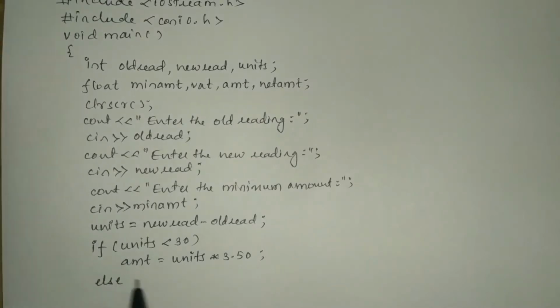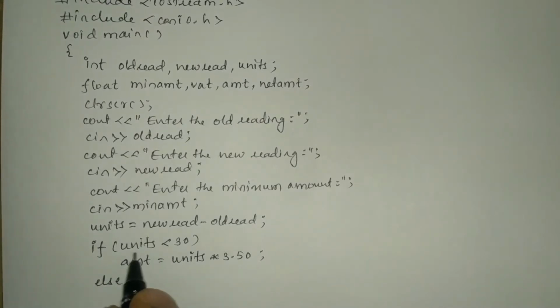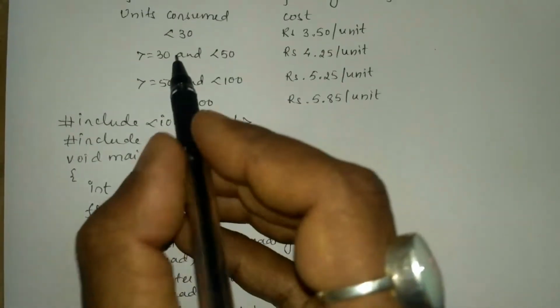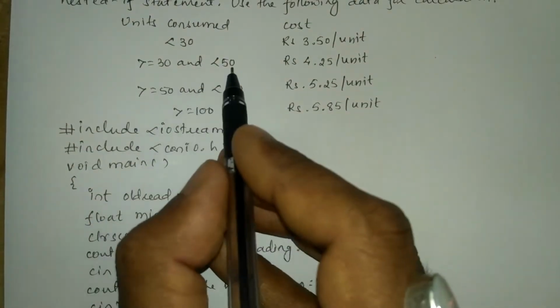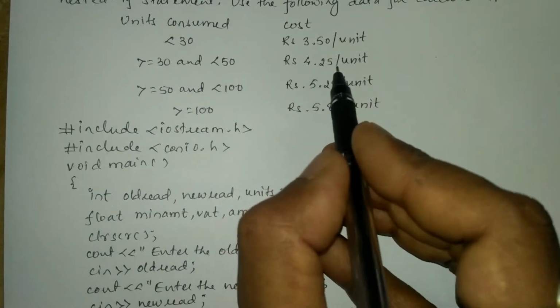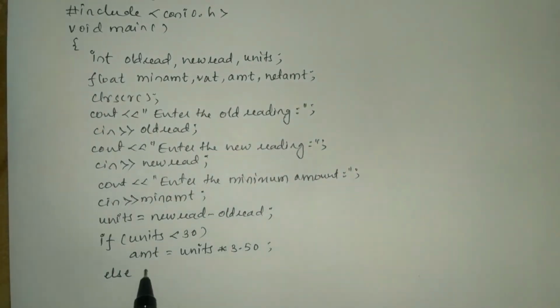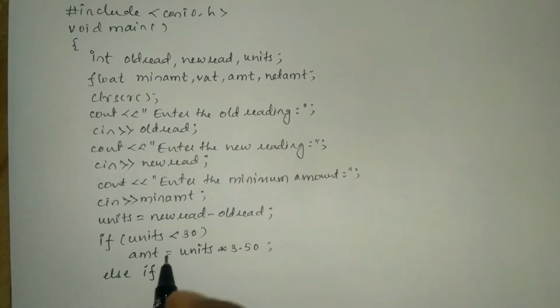If it is not true, if the number of units are greater than 30 and less than 50, here you can see if it is greater than or equal to 30 and less than 50, then 4.25 rupees has to be charged per unit. So in our next condition we are going to check else if units less than 50.